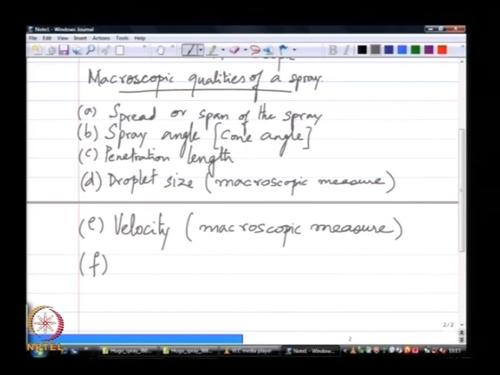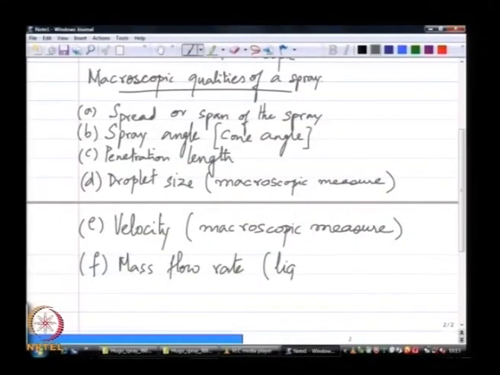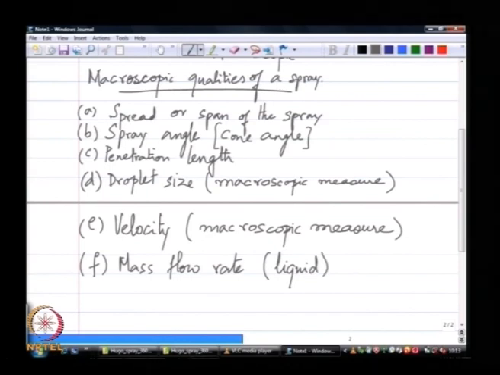So, we have already made a list of a few different things here. I want to add one to it, which is relevant to many different processes: the mass flow rate of the liquid. We can add a few more, but this is a good enough list.